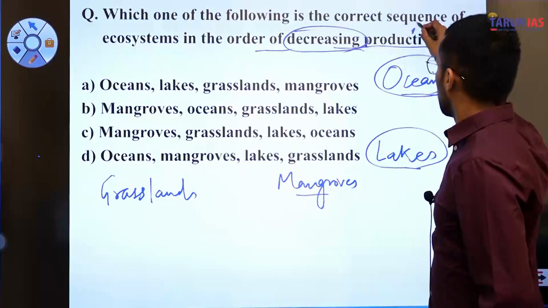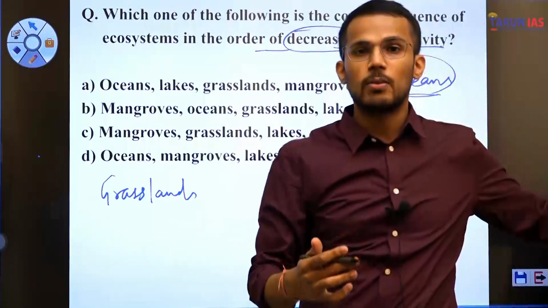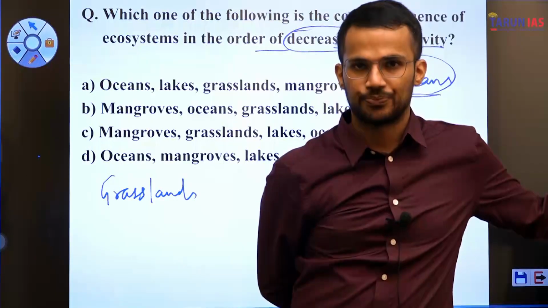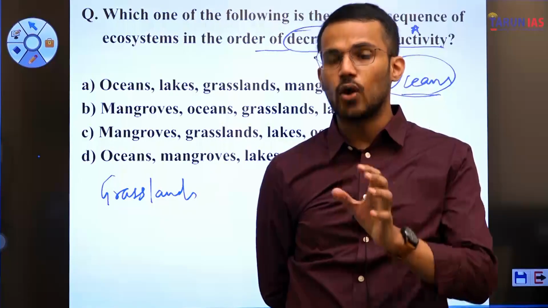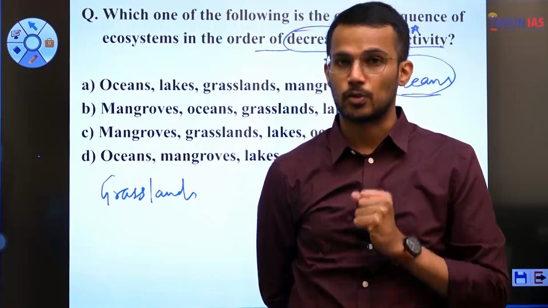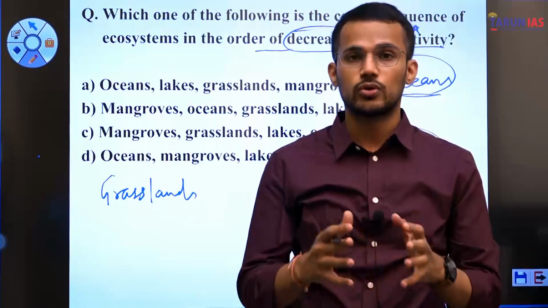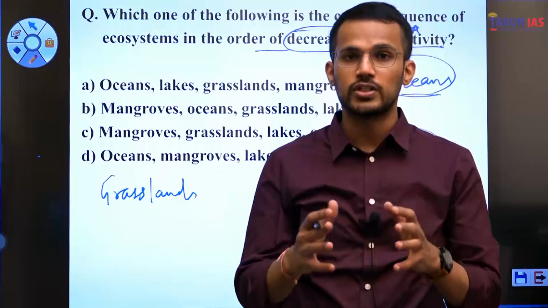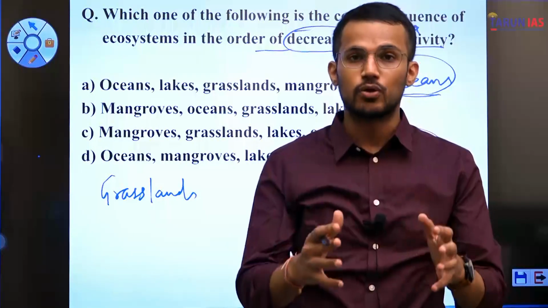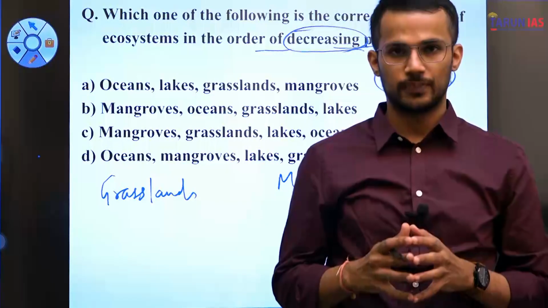So we know that productivity is the rate at which biomass is getting produced at a particular level, right? And this rate of production of biomass is referred to as productivity, and it is greater for those ecosystems which have very high biodiversity of vegetation.